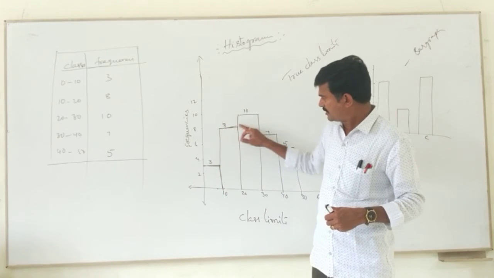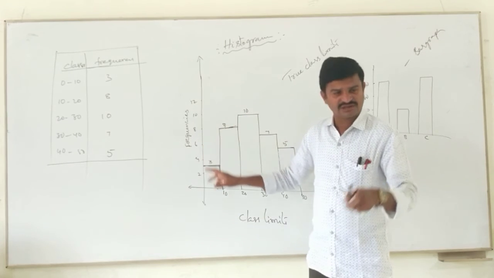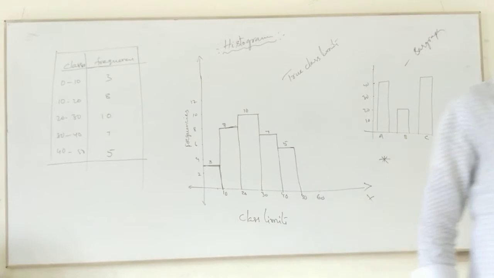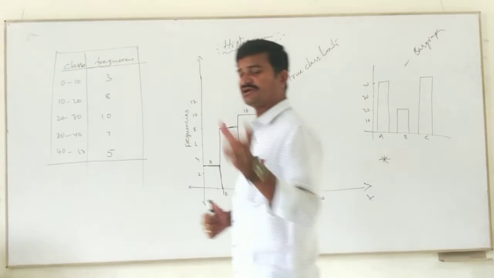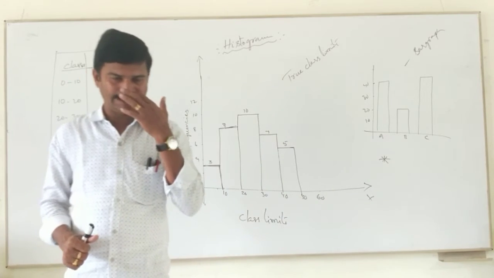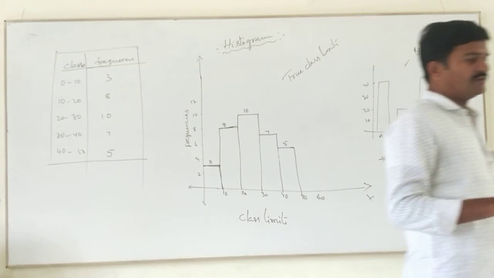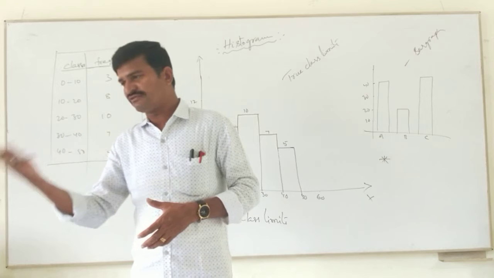In this bar, this is the length. These lengths are equal to what? Frequencies, na? In a histogram, the length of the bar is equal to the frequency of that class.